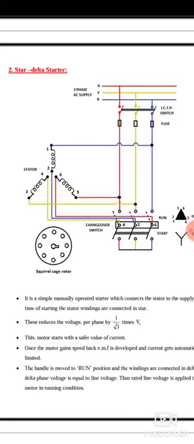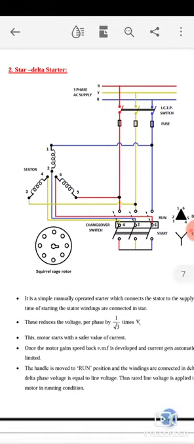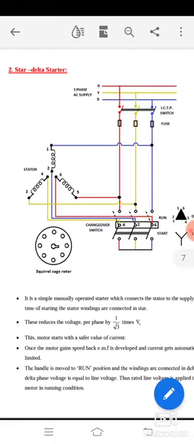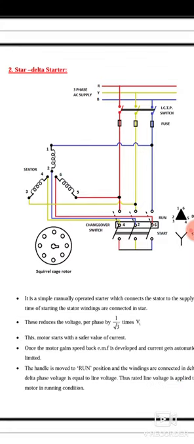three wires or three conductors R, Y and B, and in between there is a neutral terminal. So in star connection we have studied that the line voltage is equals to root 3 times the phase voltage, and line current is equals to phase current in star connection. In delta connection, we have studied line voltage is equals to phase voltage because there is no neutral in delta connection.